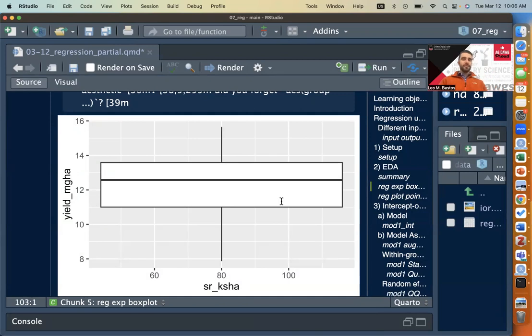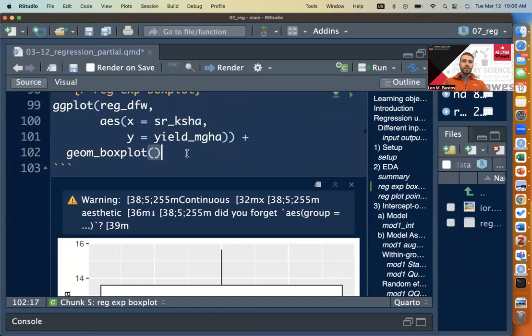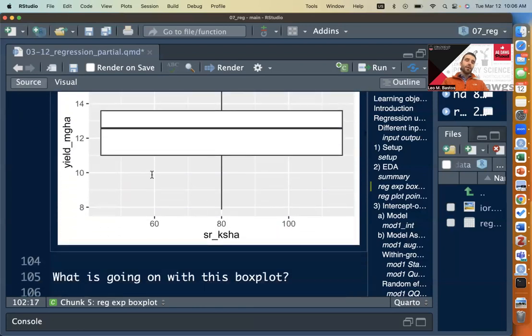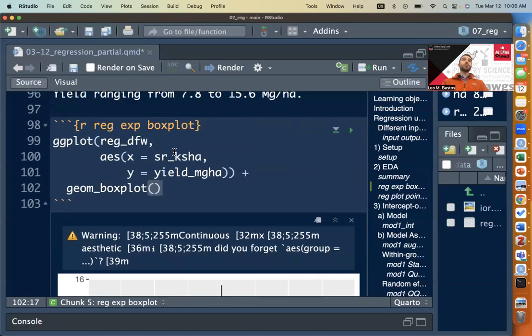I want to show you something. If you want to do it on your side, you can, but just remember to remove this. If I really wanted to see the box plot of each individual seeding rate, again, seeding rate should have been a factor. I can do that on the fly here without changing the data, just by setting x equals seeding rate and having factor wrapped around it.